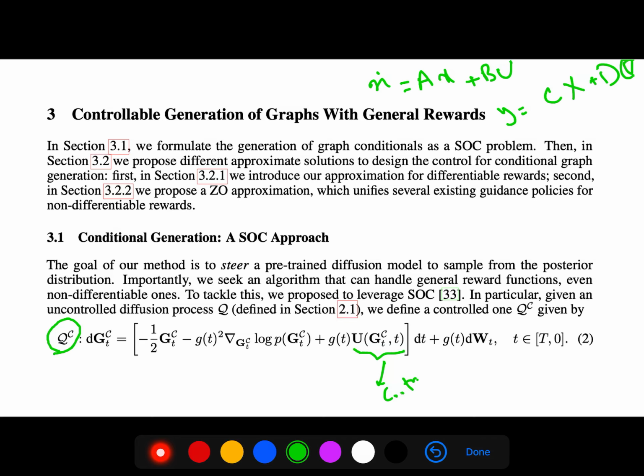So U here is control. Here the notation is the same. We are controlling U. For example, here in the control system, U is control, X is the state of the dynamical system. Of course, this is a linear system.